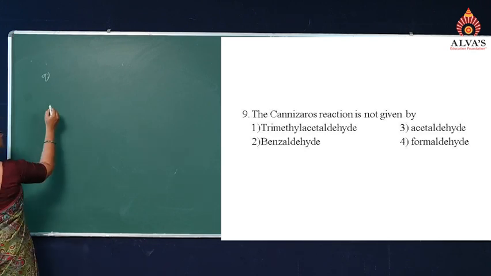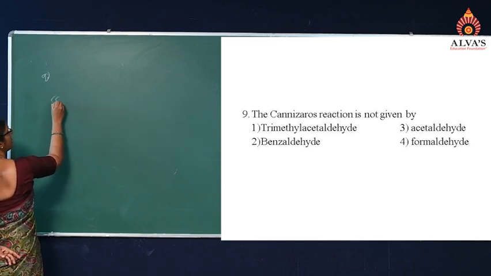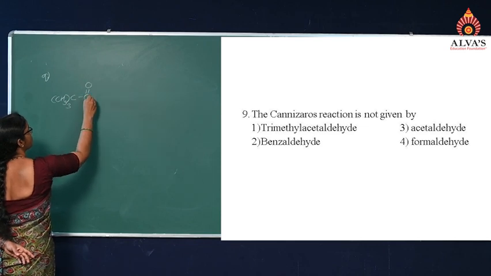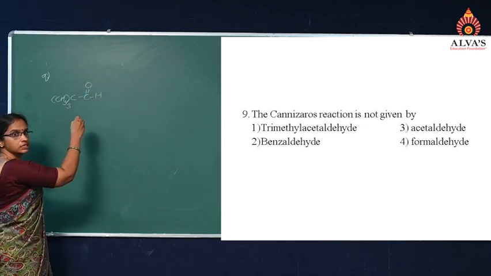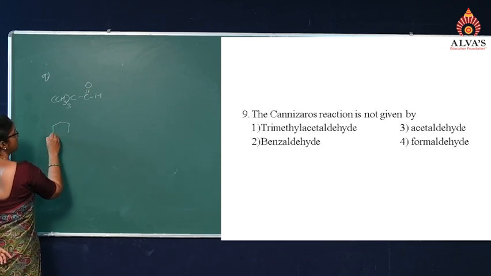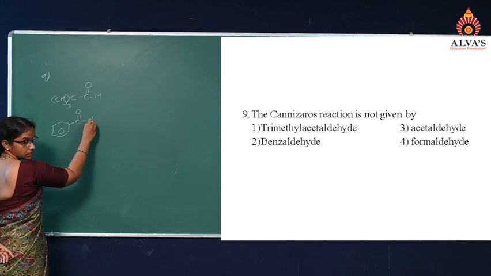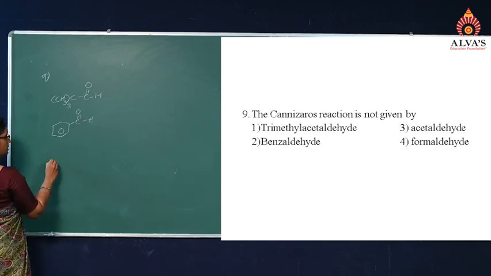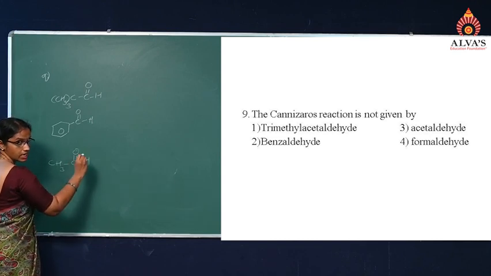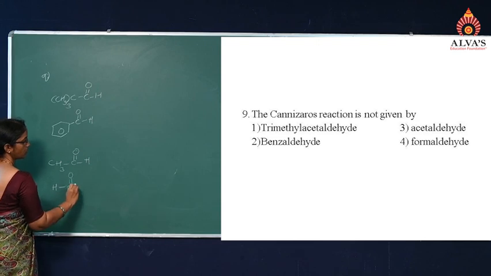The first option is trimethyl acetaldehyde, which is (CH3)3C-CH=O. Second is benzaldehyde, a benzene ring with CHO. Third is acetaldehyde, CH3CHO. And fourth is formaldehyde, HCHO.